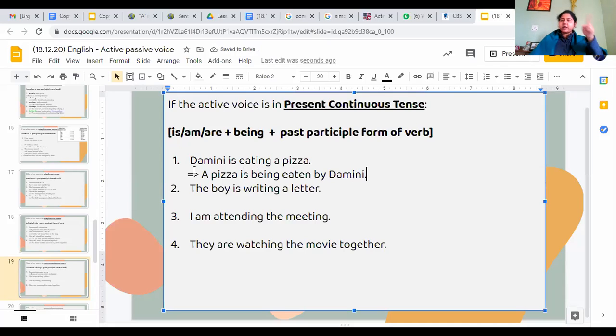A pizza is being eaten by Damini. Similarly, all of you, let's start solving the second, third, and fourth one. Also do write what's given on top. So what is the conversion? Note that down also. And then you can start sending answers for the second, third, and fourth.